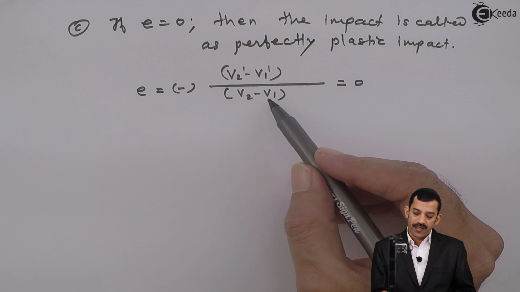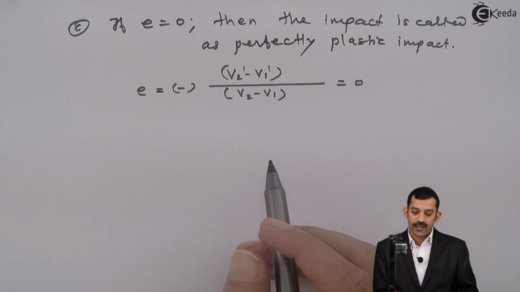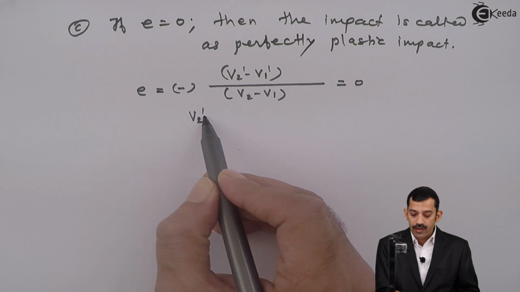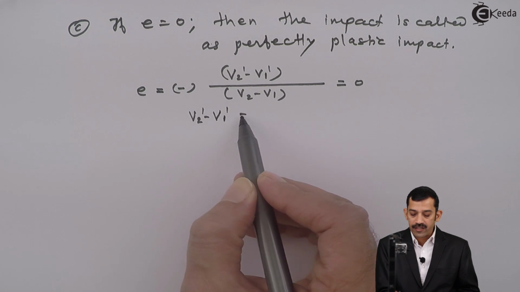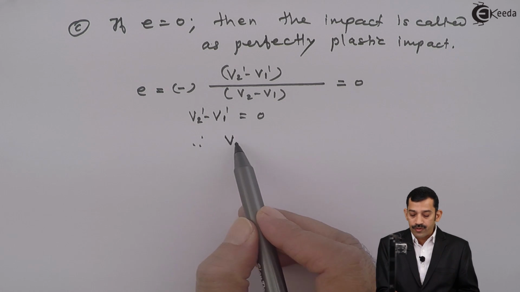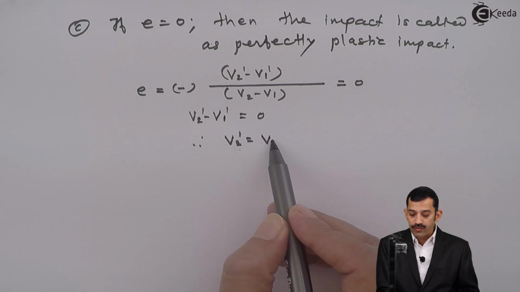If we multiply the denominator to 0, what we get on the right hand side is 0. Therefore, V2 dash minus V1 dash equal to 0. Therefore, V2 dash equal to V1 dash.